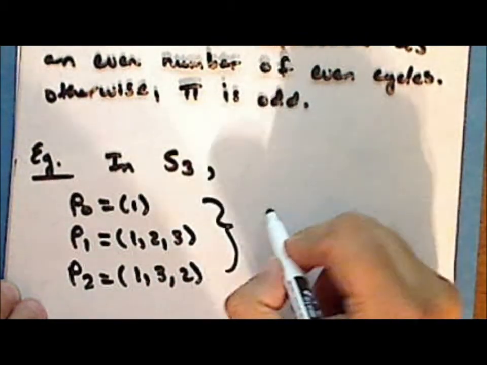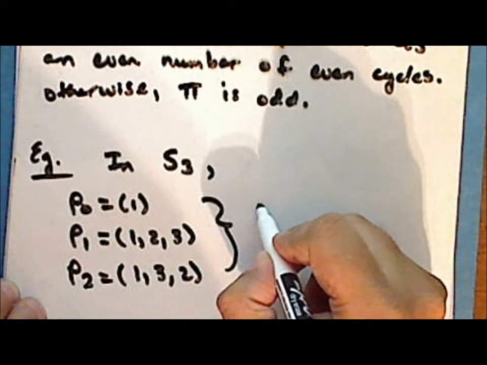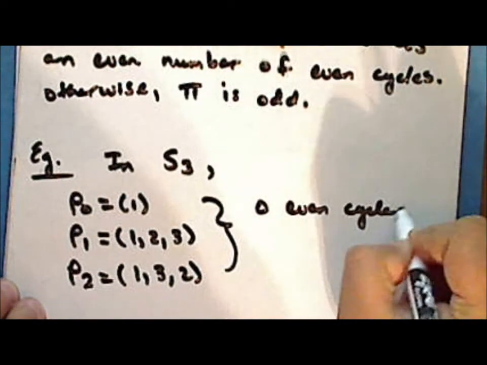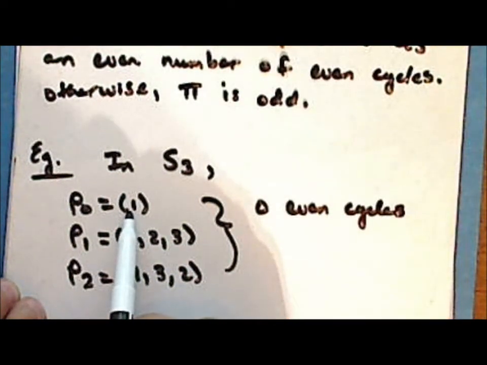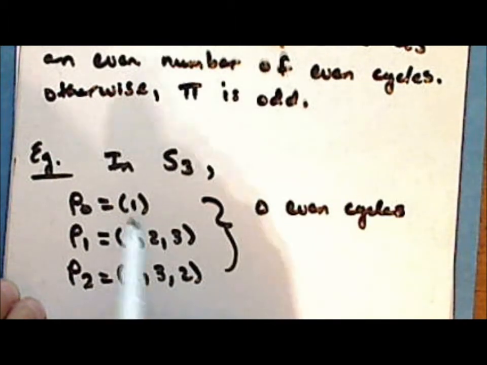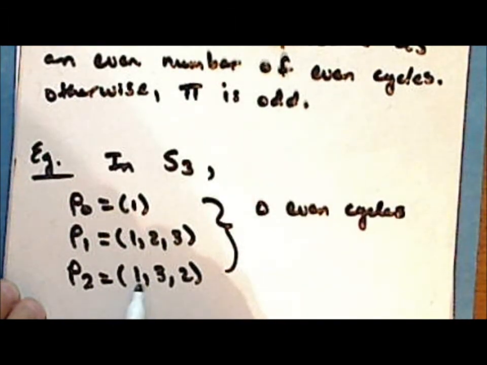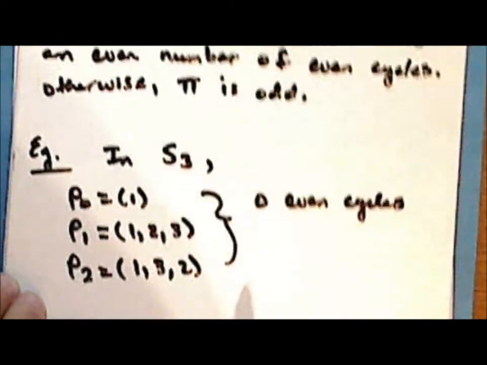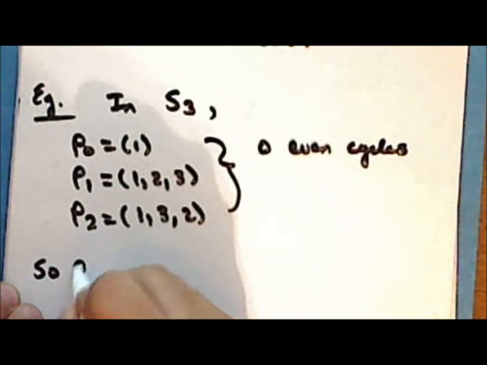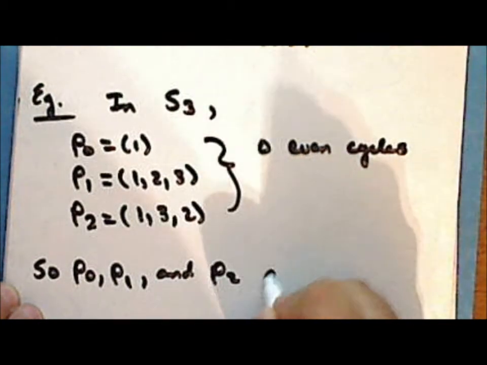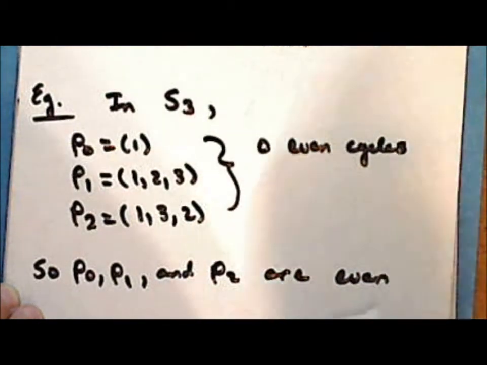Each of these has 0 even cycles, since in the first example we have a cycle of length 1. In rho sub 1 we have a cycle of length 3, which is odd, and in rho sub 2 we have a cycle of length 3, which is odd. So there are 0 even cycles, and so rho sub naught, rho sub 1, and rho sub 2 are even permutations.